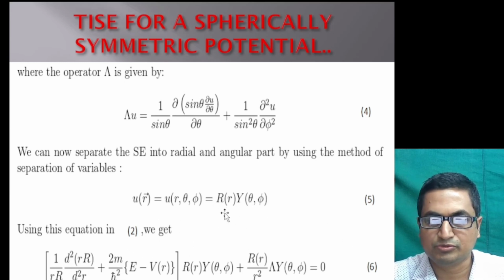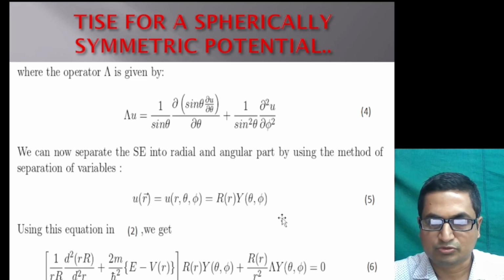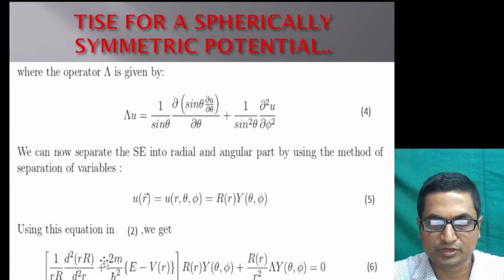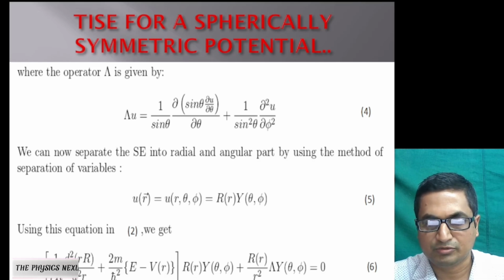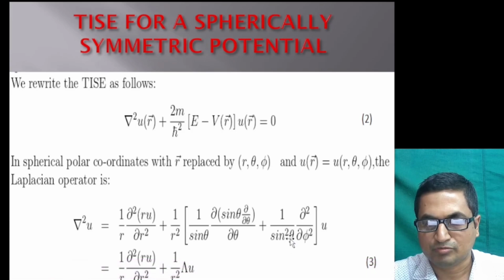Simply the separation of variables, where this capital R is a function of only r and Y is a function of theta and phi, and we'll see later on that the equation can be separated in terms of capital R and also in terms of Y. So with these modifications, using equations 3 and 5 and putting them in equation 2, we get a relation like this: 1 by r d²(rR)/dr², plus 2m by ħ squared times (E minus V of r), which is multiplied by capital R and Y, and then this part because of this part.